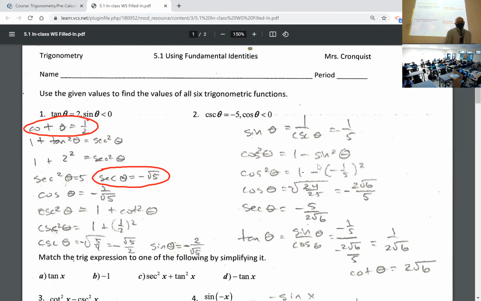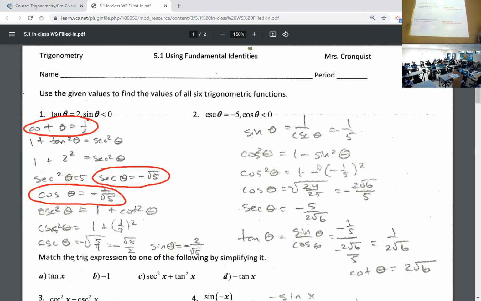But since we're in quadrant 3, cosine would be negative. So cosine is going to be the reciprocal of secant, negative 1 over the square root of 5. And now that I have cotangent, I can use cosecant squared is equal to 1 plus cotangent squared. Again, this is kind of the hard way to do it, but it's showing you that these trigonometric identities work.